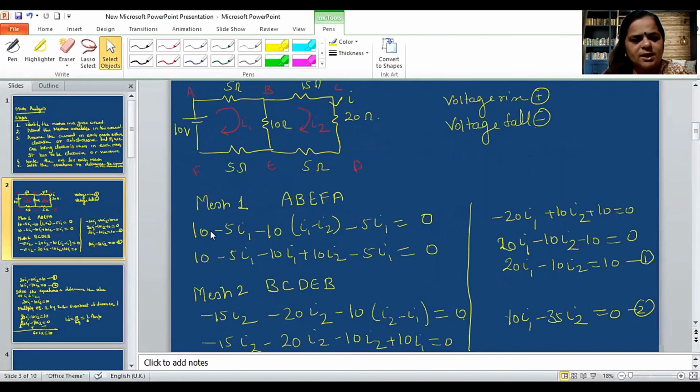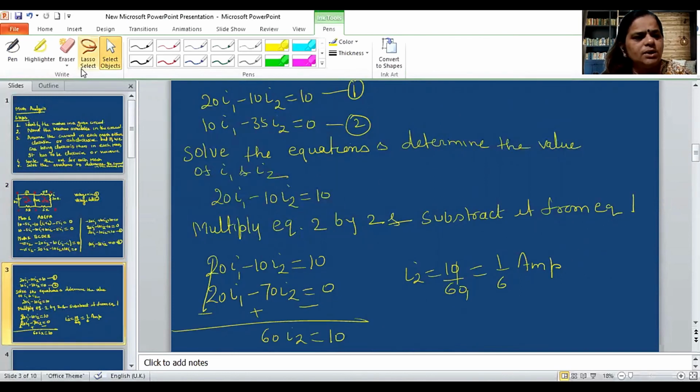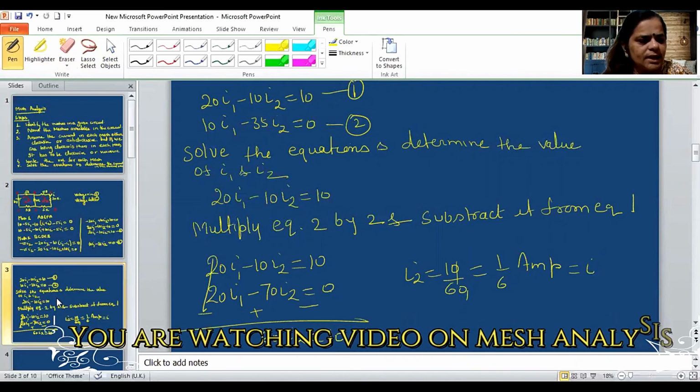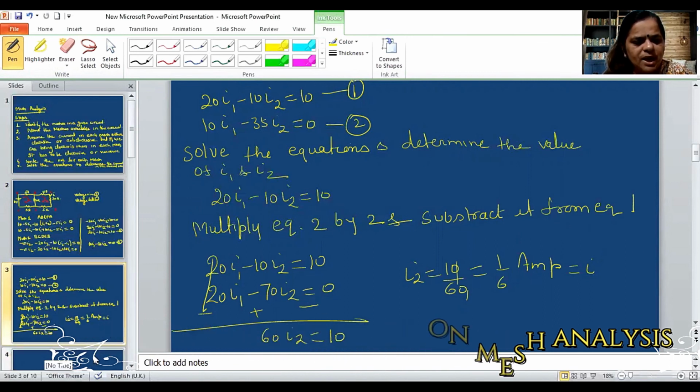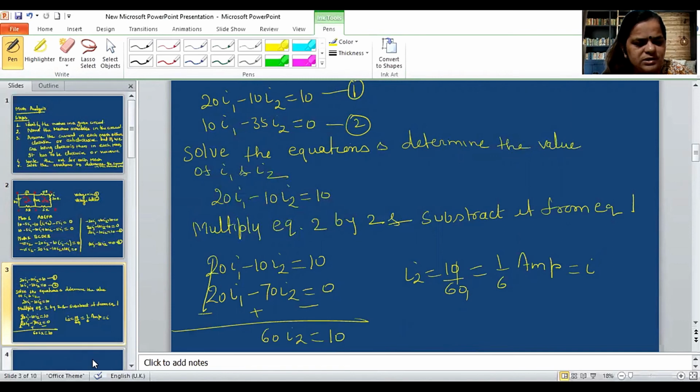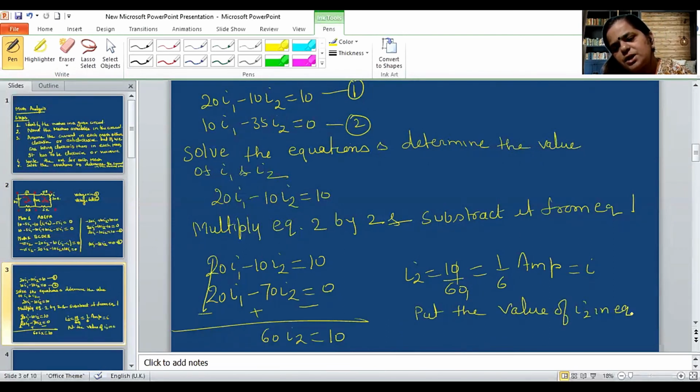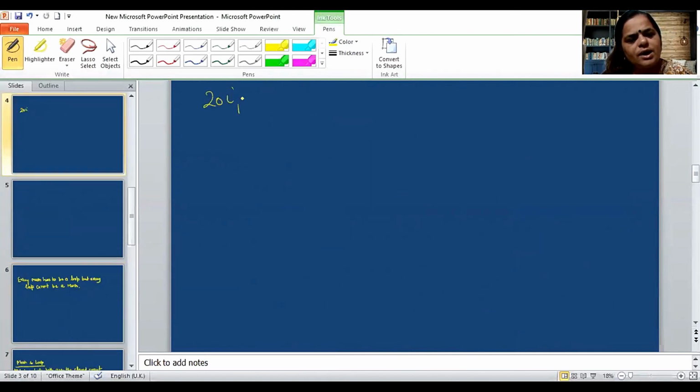We are supposed to determine this I. Similarly, if we are supposed to determine I1 also, what we can do is put the value of I2 in equation number 1. So 20 I1 minus 10 into the value of I2, 1 by 6, is equal to 10.